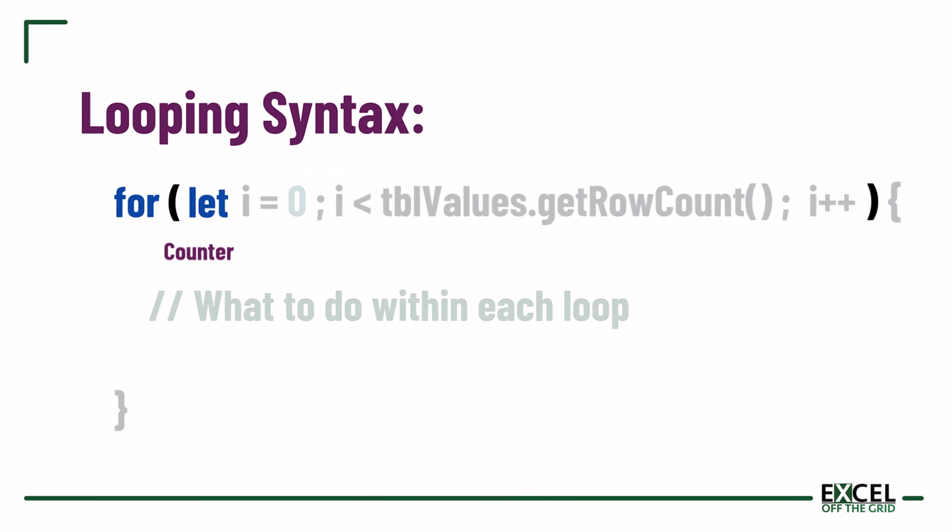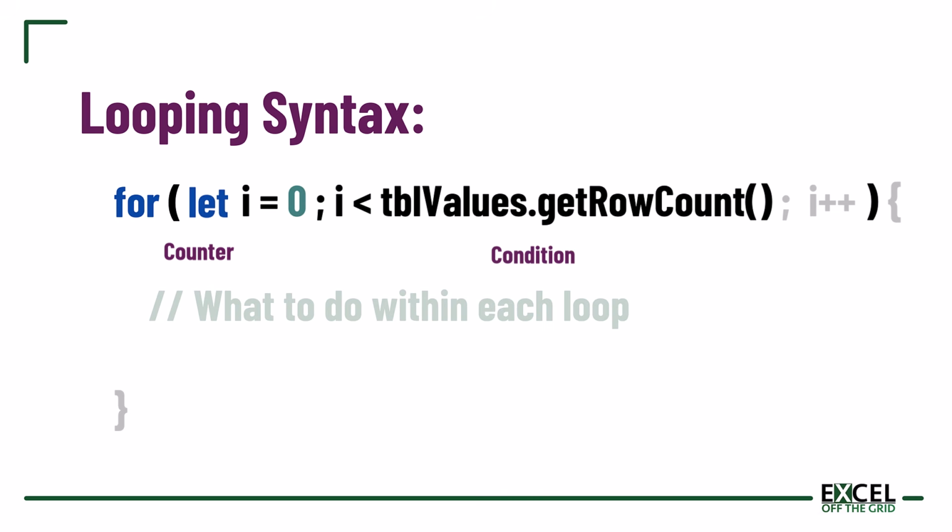Then we state the condition for the loop to continue running. For example, we want the loop to keep running while the variable that we created is less than the number of rows in the table. The next piece of information is how the variable changes with each loop. We're going to add 1 to the variable each time the loop runs.